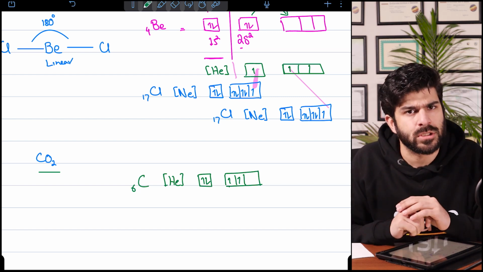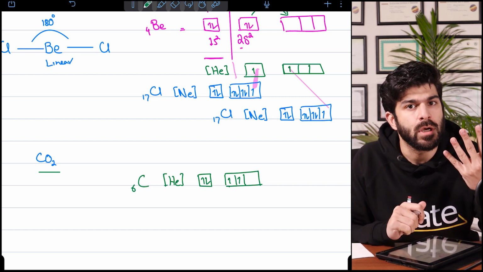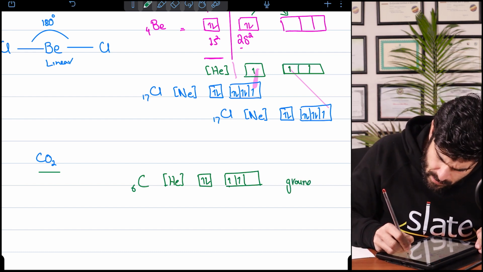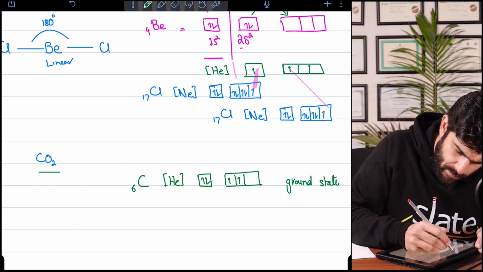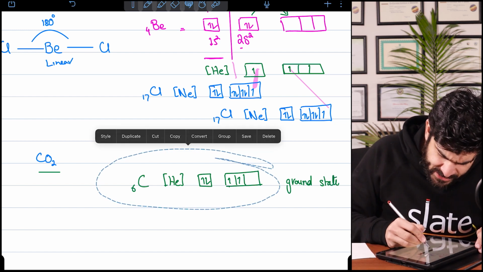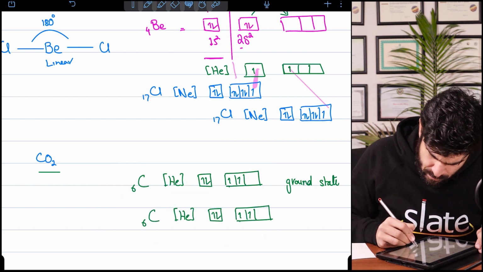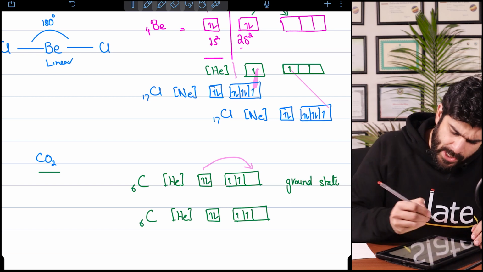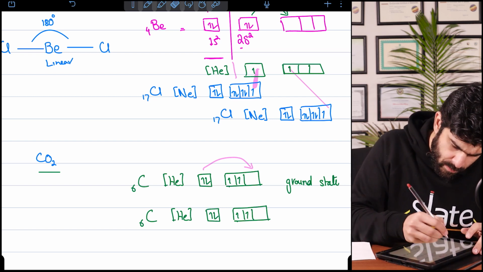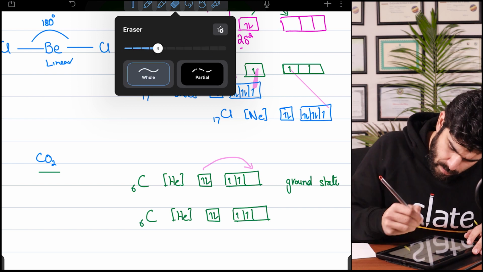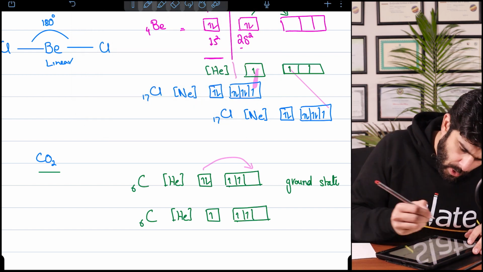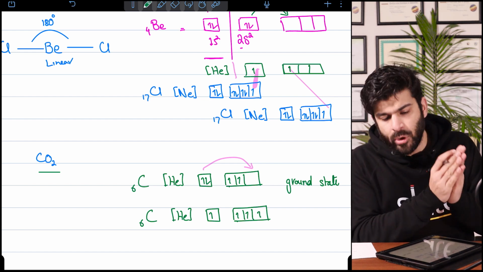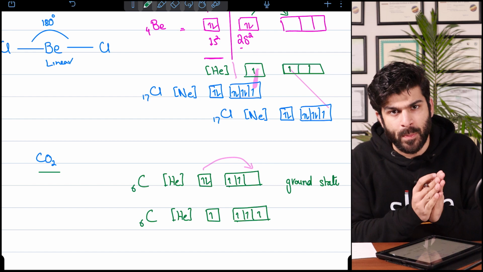Carbon can only make 2 bonds, but we know that carbon can make 4 bonds. What will happen? This is the ground state. And when we make the excited state, this electron will move to this one and ultimately we get four single electrons ready to be bonded.